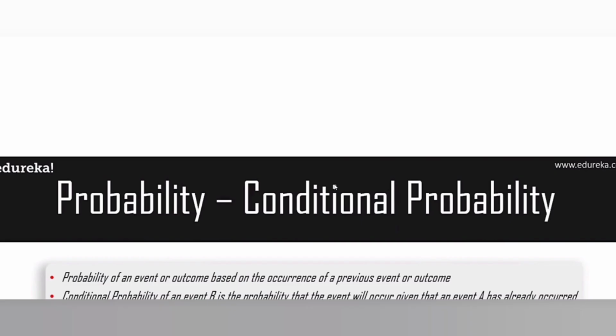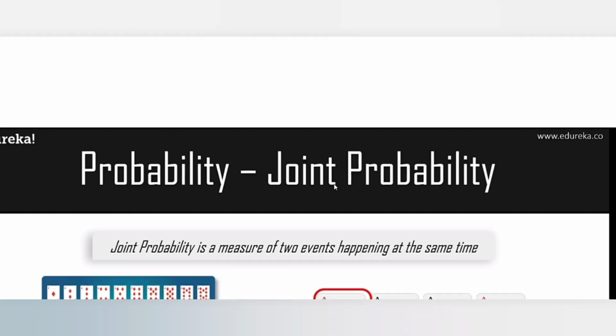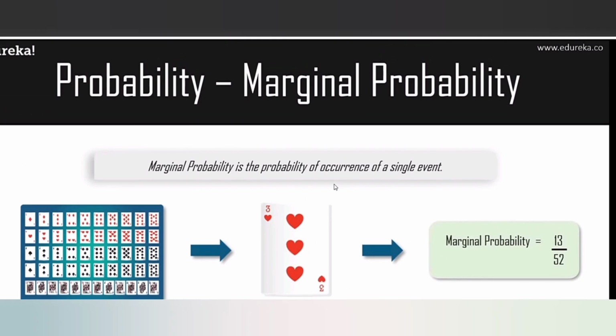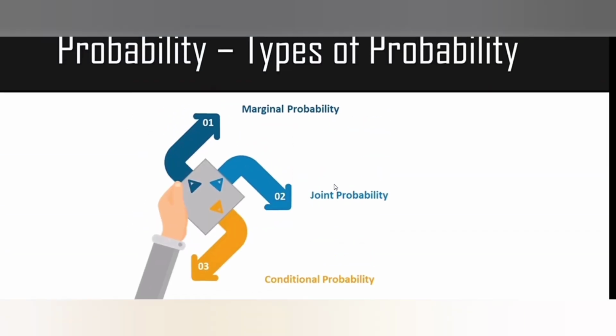Bayes theorem is important, conditional probability is important, A is dependent on B. Joint probability means two events. The next is marginal probability, which means only one single event, and conditional is dependent on one another.